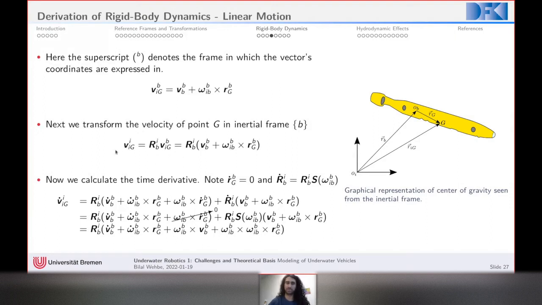As I mentioned in the beginning, we are interested in calculating the acceleration because we want to apply Newton's second law.